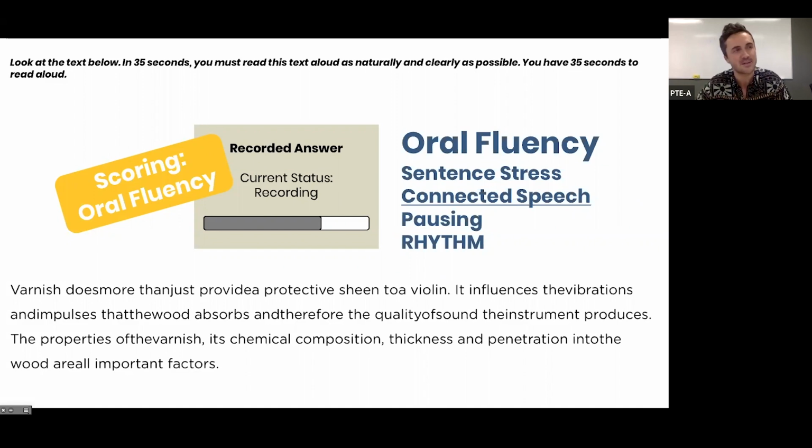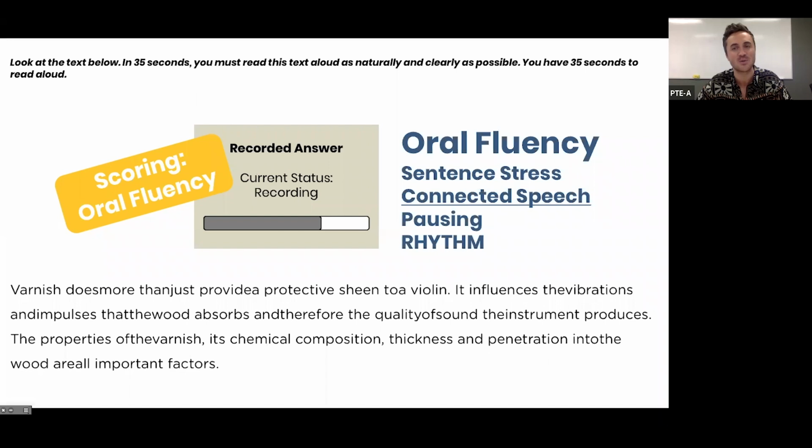The reason for that is there's this phenomenon that happens in language, which is connected speech. We do not speak like this when we speak naturally. What we do is we chunk or group words together, so the gaps between them vanish. Like "varnish does more than just provide a protective sheen to a".